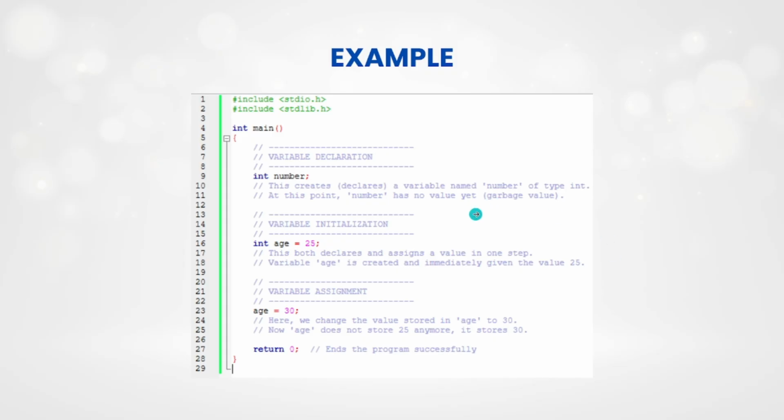Let's say you already declared a variable number, then you declare int number is equal to 25, yet you already declared it here. So the computer might get confused. What you'll do is just use variable assignment if you want to change the value of that declared variable. So that's the three things in variables.